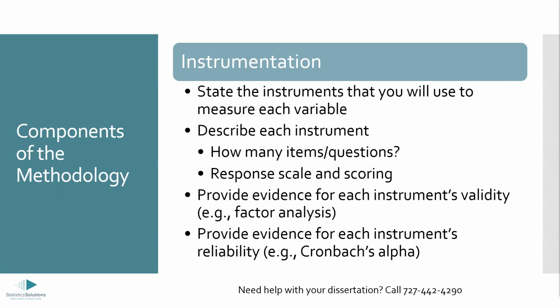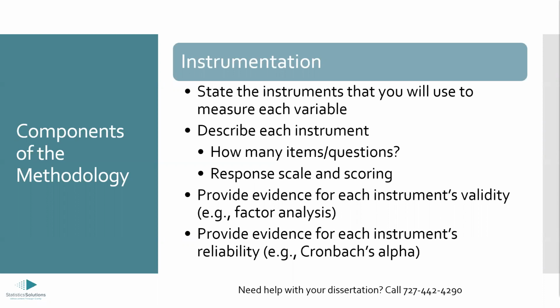And you'll want to provide evidence for each instrument's validity and reliability. So for survey instruments, validity would typically involve reporting the results of something like a factor analysis. And for reliability, it would be reporting something like Cronbach's alpha or a test-retest correlation, for example.